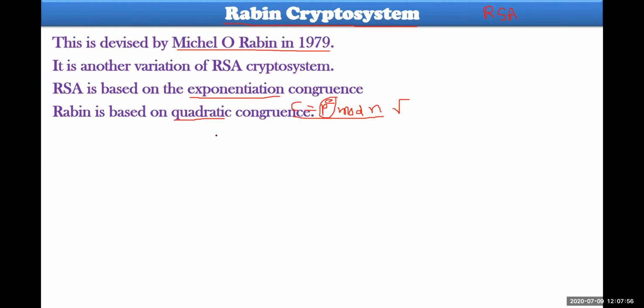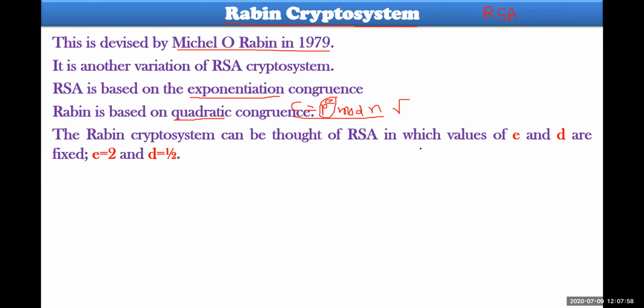One more very important difference is that in RSA, you have to find or consider the value of e and the value of d. Whereas here, these two values are fixed. One is power 2, so P power e is P square.